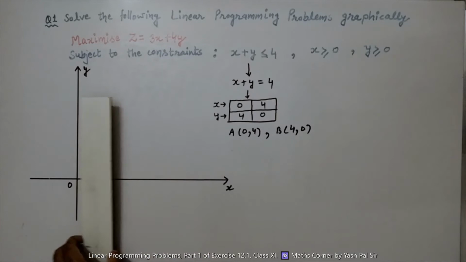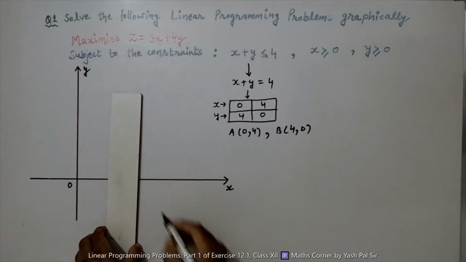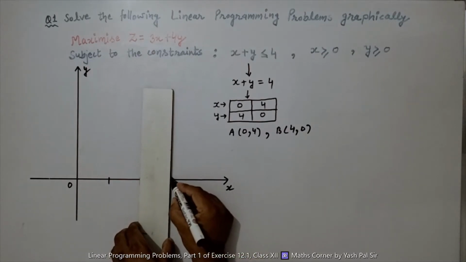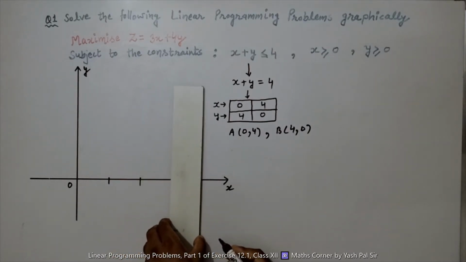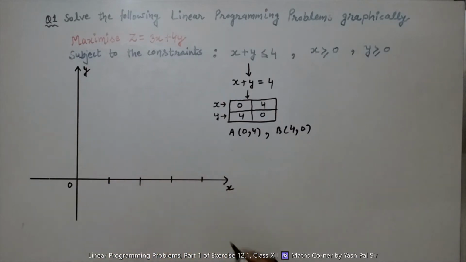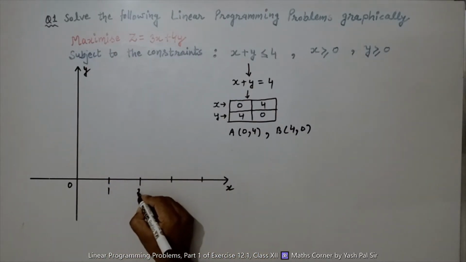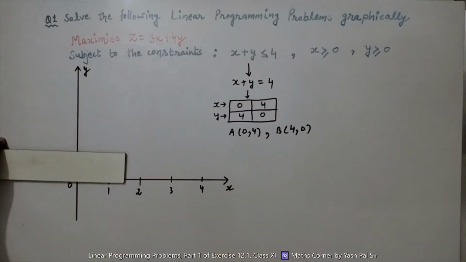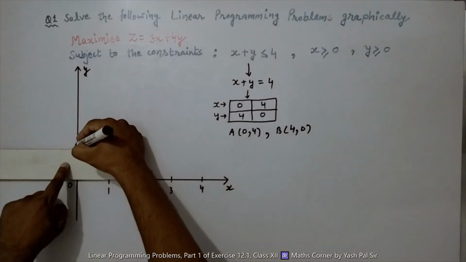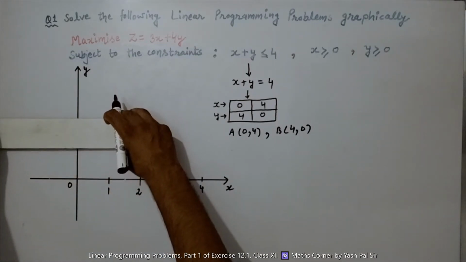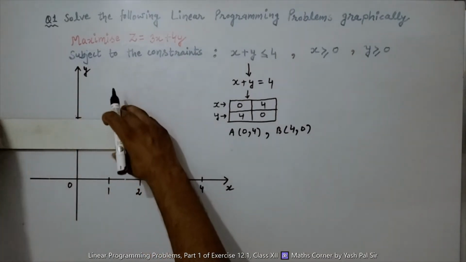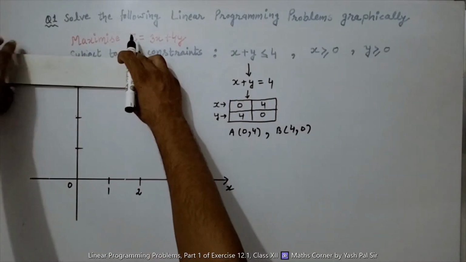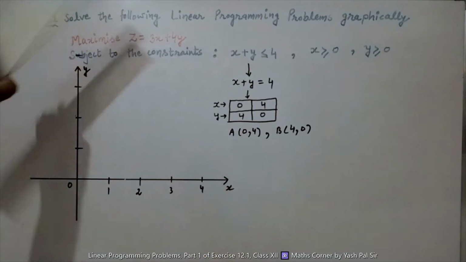This is 1, 2, 3, 4. So this is x equal to 1, 2, 3, 4. Similarly, we have y equal to 1, 2, 3, 4.